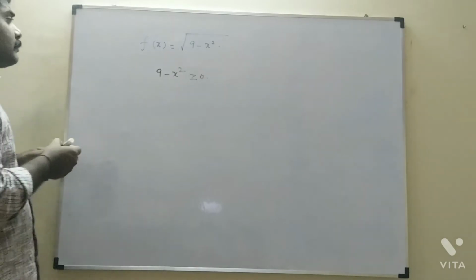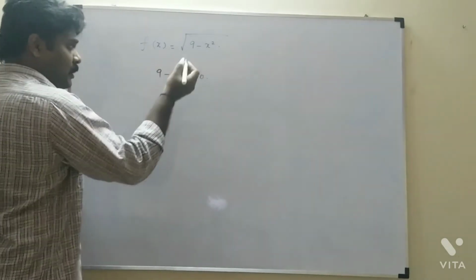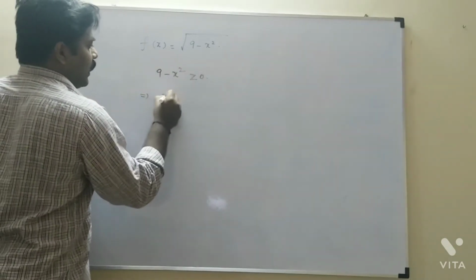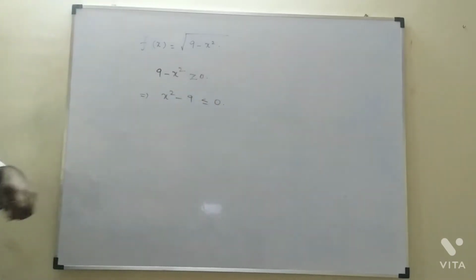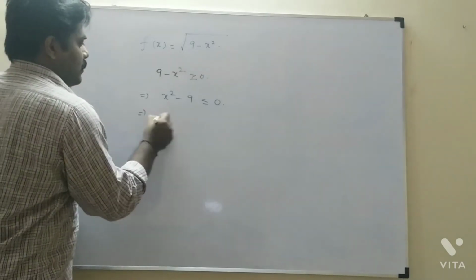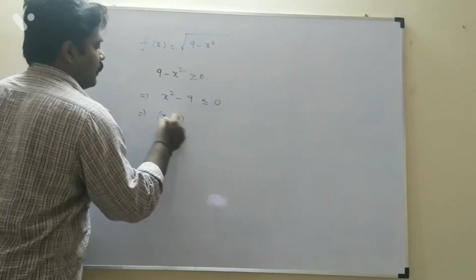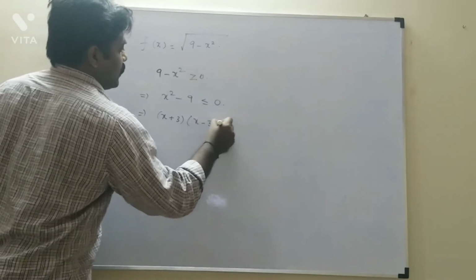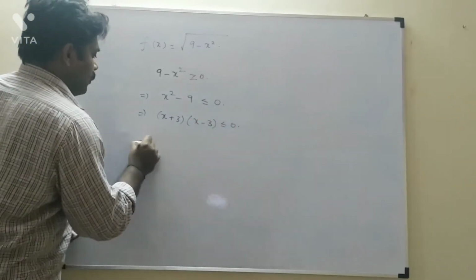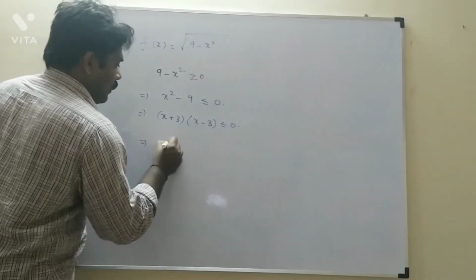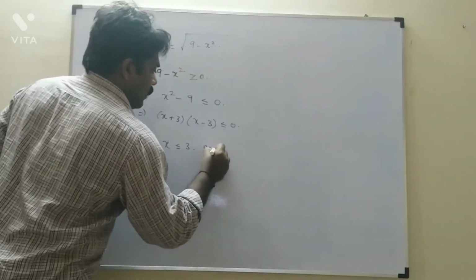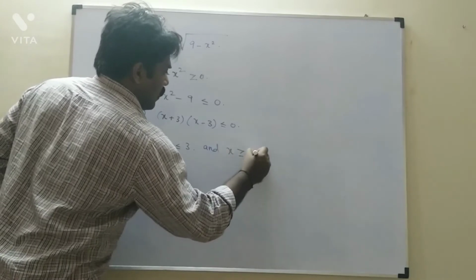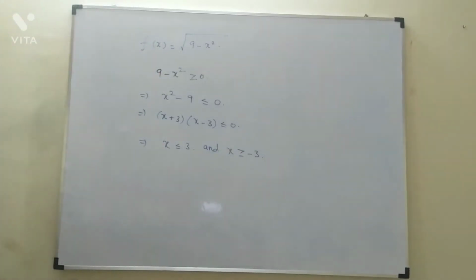Now, this is nothing but I am multiplying with negative value. So I can write it as x square minus 9 is lesser than or equal to 0. Right? Then what happens? X plus 3 into x minus 3 is less than or equal to 0. That would imply x is less than or equal to 3 and x is greater than or equal to minus 3.